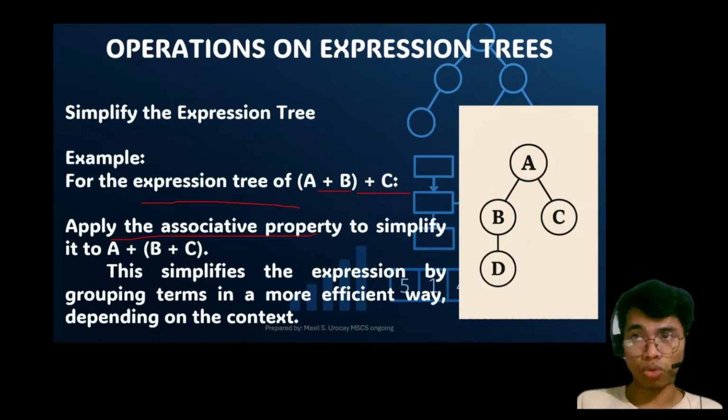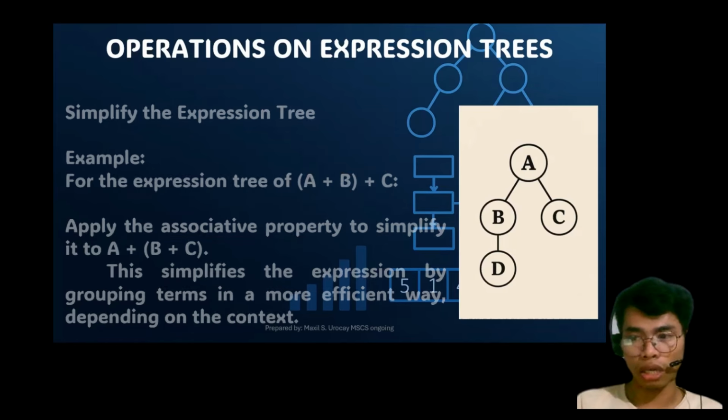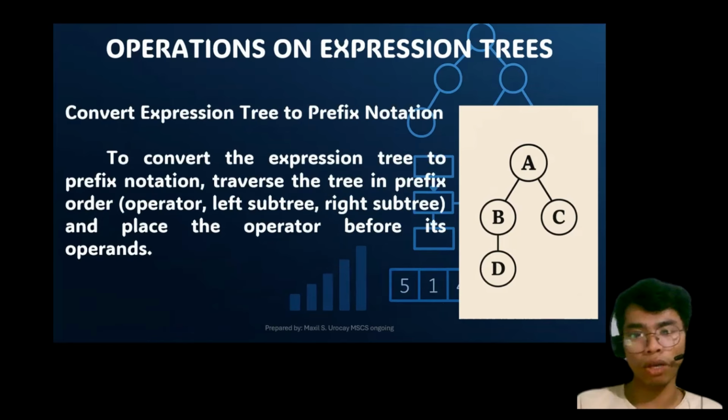Since the precedence rule mentioned that we can work on a plus b, and that is left to right accordingly, afterwards we can also add that to c. So this simplifies the expression by grouping terms in a more efficient way depending on the context. So that is really basic. Hopefully you were able to understand what I mean, since that is for elementary level only. Now, convert expression tree to prefix expression.